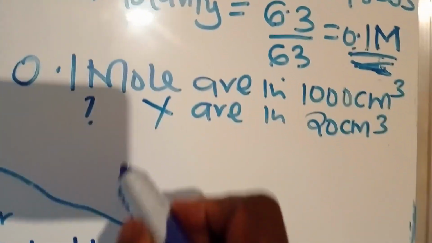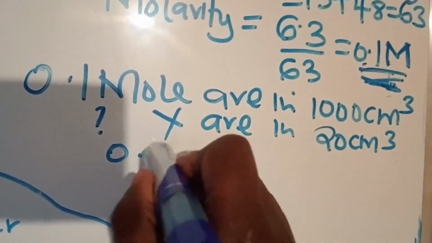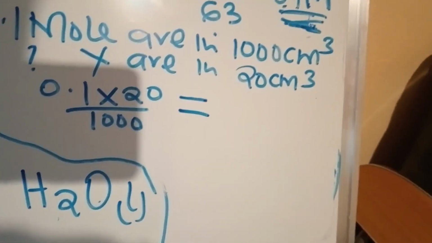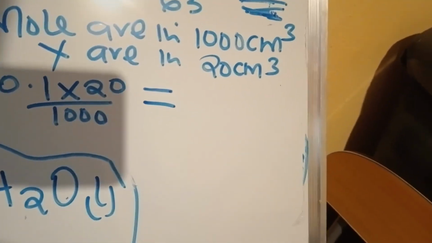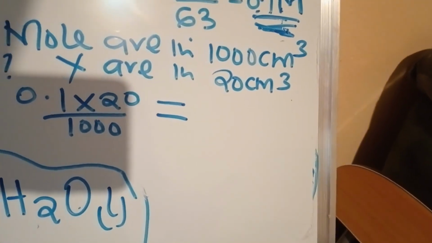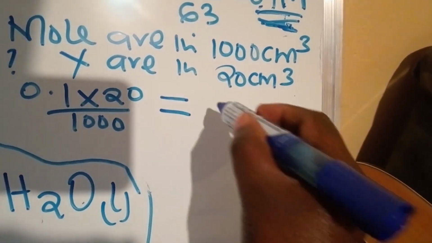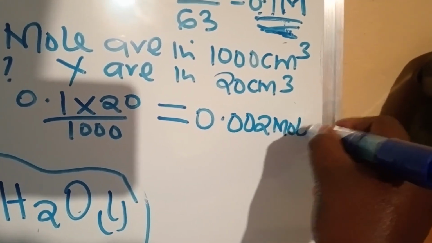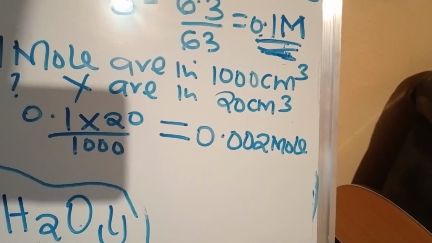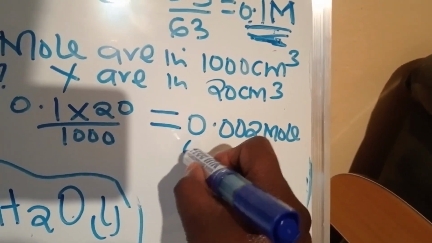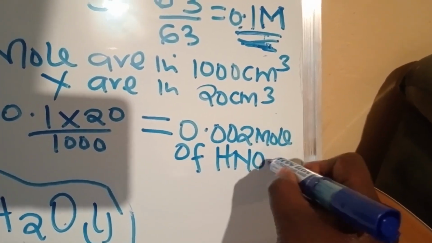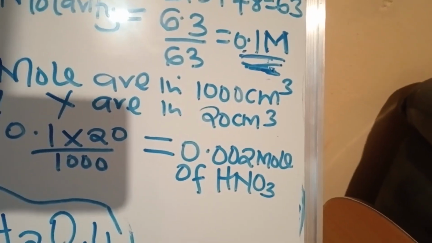Cross multiply: 0.1 times 20 is equal to 0.002 mole of nitric(V) acid.